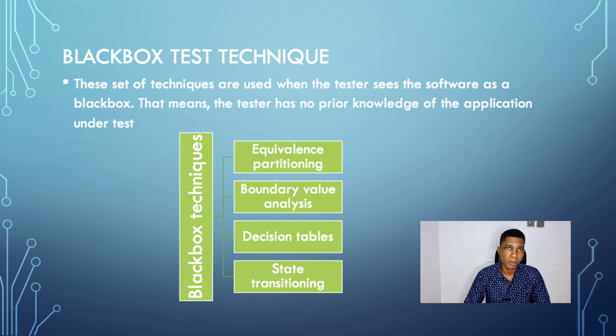We want to test along the boundaries of 60, 61, 59, 59 and a half. We're taking the boundary values in that range and using them to run tests to compare results. So basically, that sums up boundary value analysis.